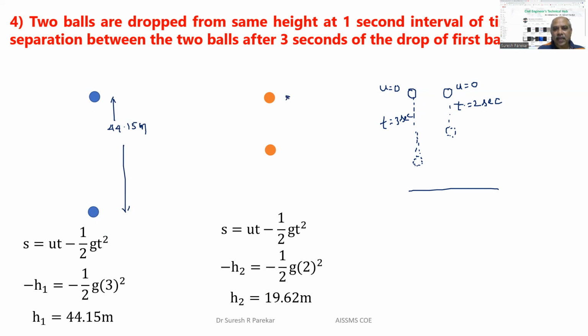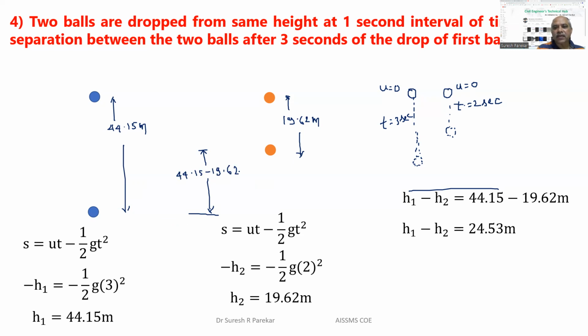The separation between the two balls is 44.15 minus 19.62, which is 24.53 meters. That is the separation between the two balls when one ball is dropped 1 second after the first.